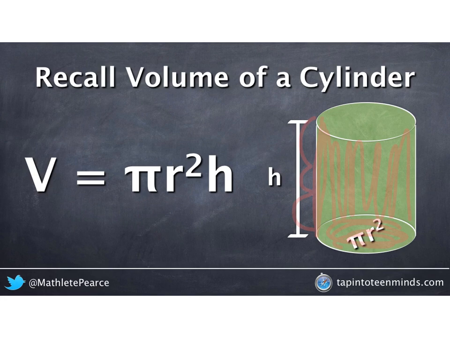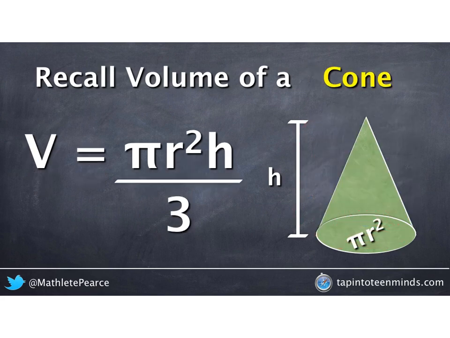Now, do you remember which solid it is that has a volume a third the size of the cylinder? A third the size of the cylinder. You can kind of see that that would be breaking it down into a third. Hopefully you remember that that's a cone.